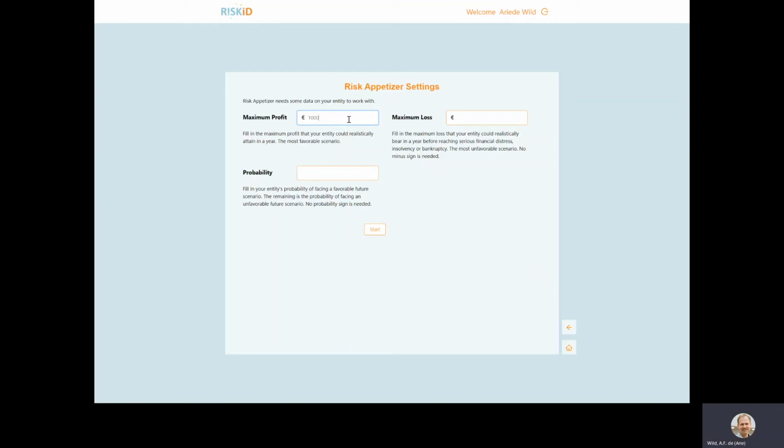It next needs to know the maximum loss that your organization can realistically bear in a year before serious financial distress, insolvency, or bankruptcy occurs. Finally, Risk Appetizer needs to know your organization's probability of facing a favorable future scenario, usually a scenario in which profits are made.